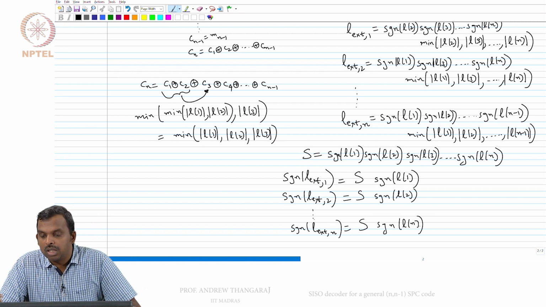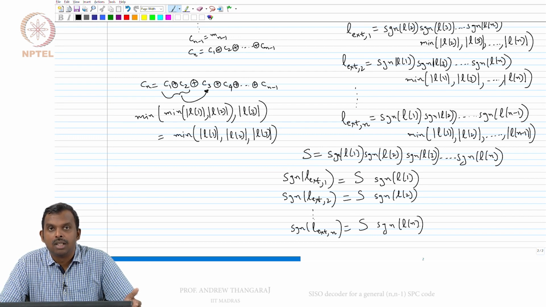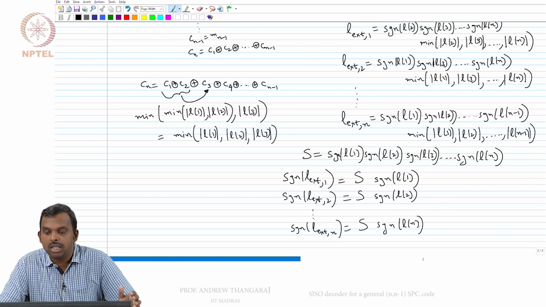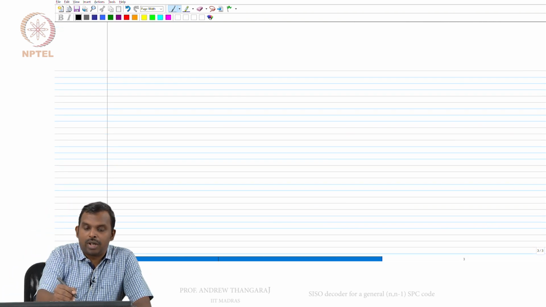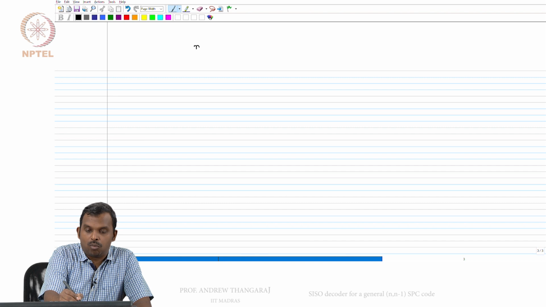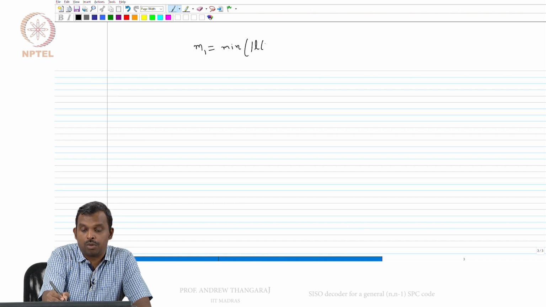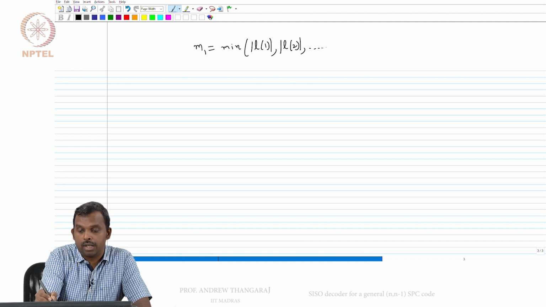Okay. What about the absolute value? It looks like you have to find so many minimums for every extrinsic. You have to find the minimum of n minus 1 things. So, it turns out one can rationalize that as well. What you have to do for that is you find first of all m1, which is the min of absolute value of L of 1, absolute value of L of 2, so on till absolute value of L of n.